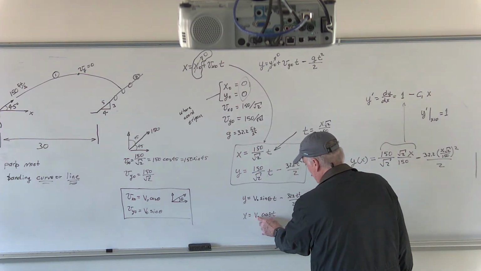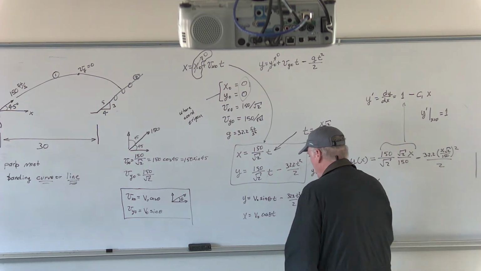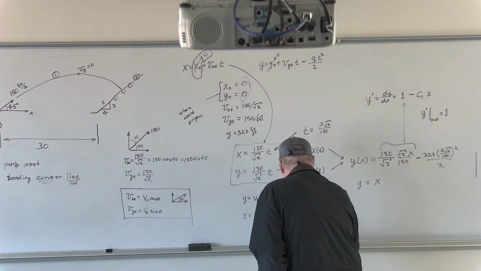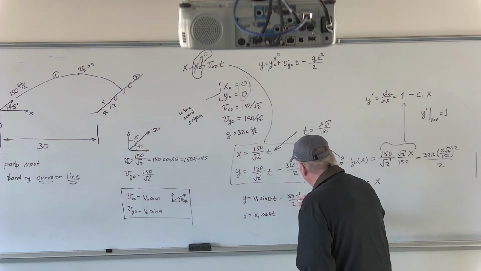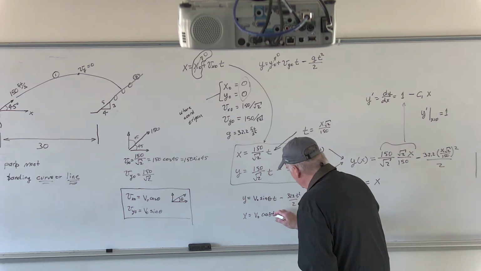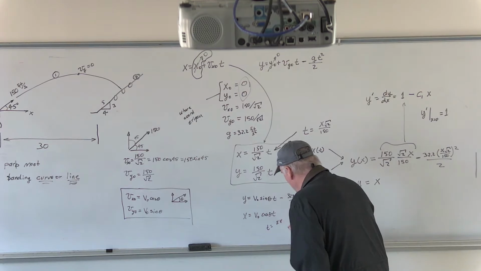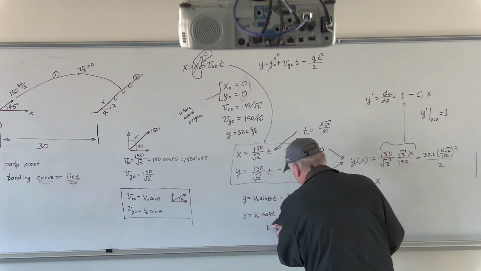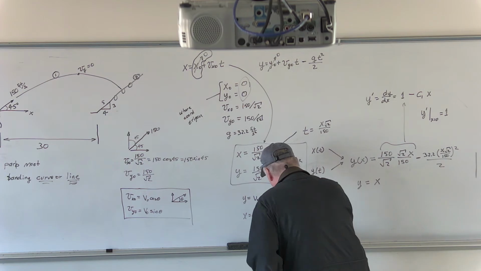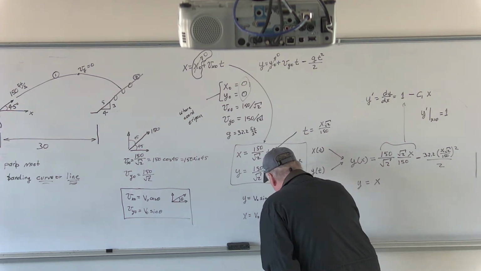Now, if I take this term and stick it in here, I'm focused on taking t equal to x over V naught cosine of theta.